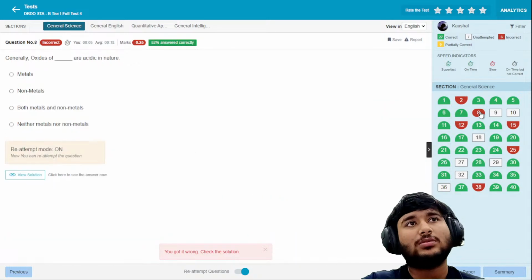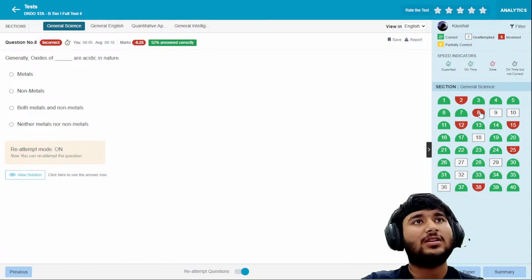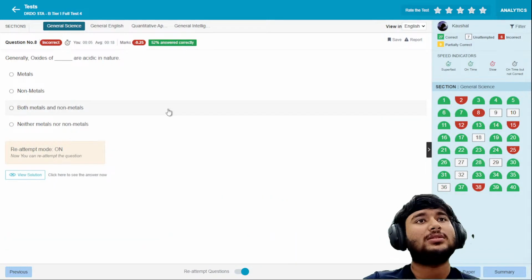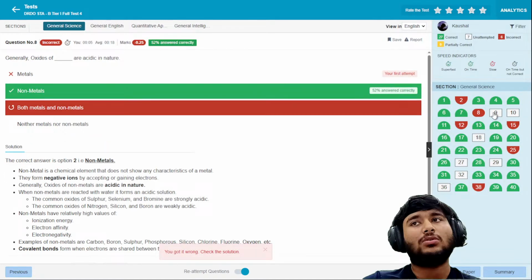Bleaching powder, general oxides of dash acids, non-metallic acids.